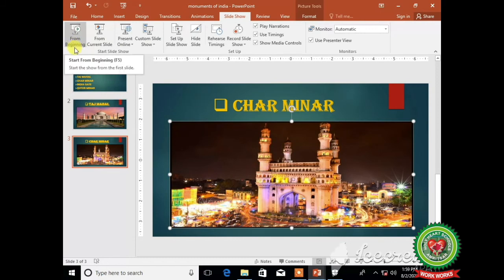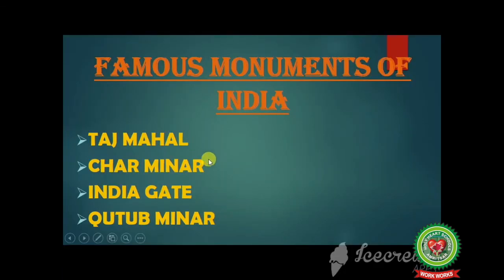Firstly, when you click on from beginning icon, it will start the slideshow from the first slide. You can see that in the slides navigation pane, our third slide is selected. But when you click on from beginning icon, it will start the slideshow from the first slide. So click on it. So you can see that firstly the first slide is appearing.